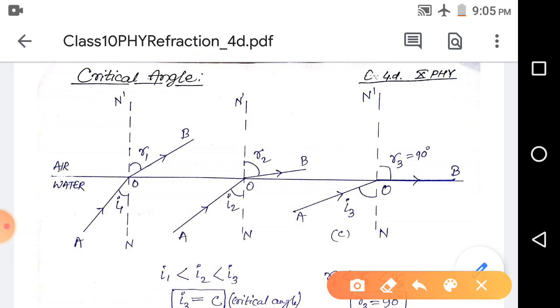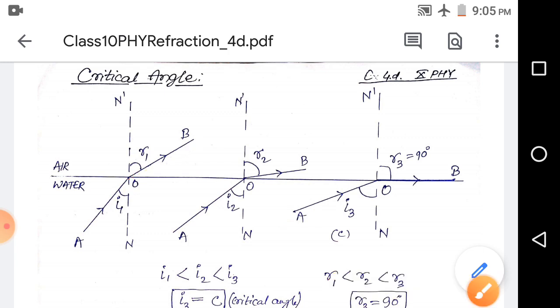So for those three figures we have the incident ray along AO. For the first figure we have the light ray incident with an angle I1 and the refraction occurs, so it is refracted along OB with an angle R1.